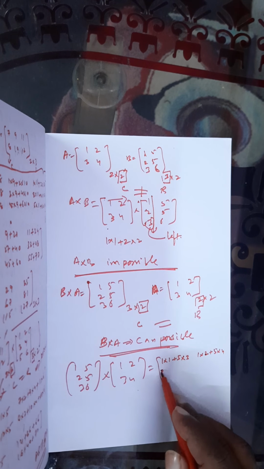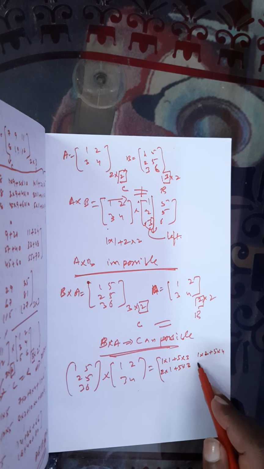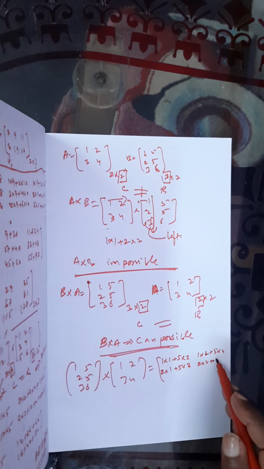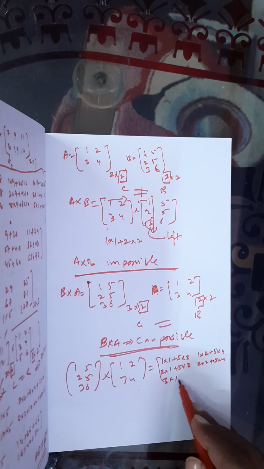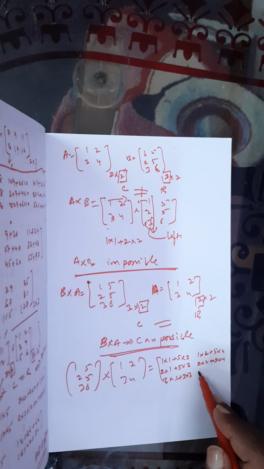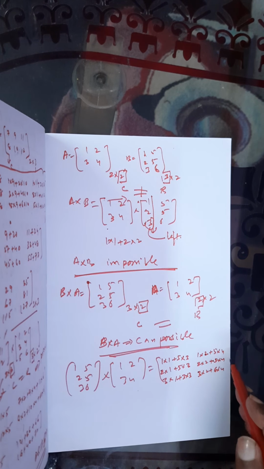Again we have to write here 2 times 1, 5 times 3, 2 times 2 plus 5 times 4. Now 3 times 1 plus 3 times 3. Next 3 times 2 plus 6 times 4. So over.